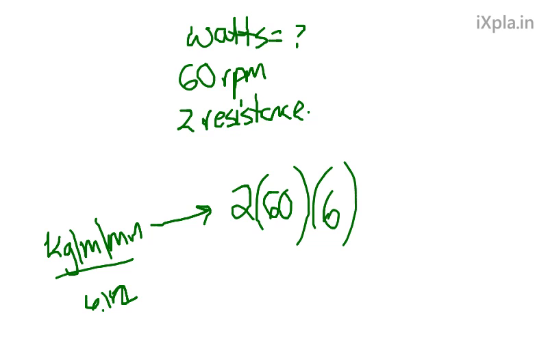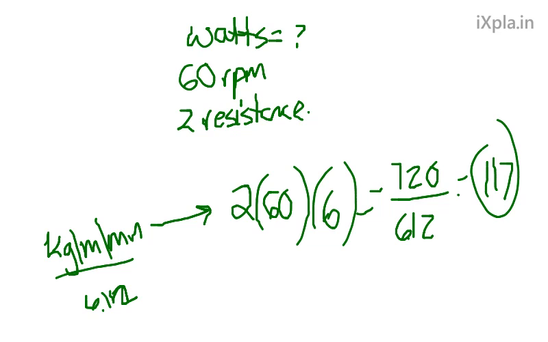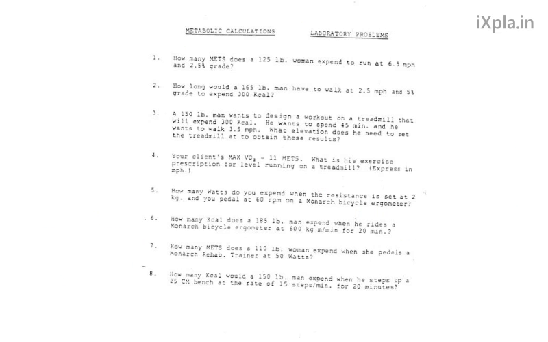So there's a few formulas, a few conversions you have to memorize. You do that math, which is equivalent to 720, and then you plug into that formula, divide by 6.12, and you get your 117 watts. That's the answer. Now going to number 6.